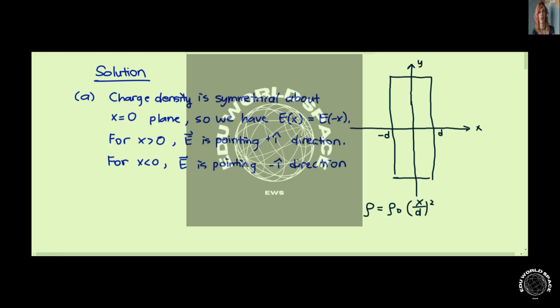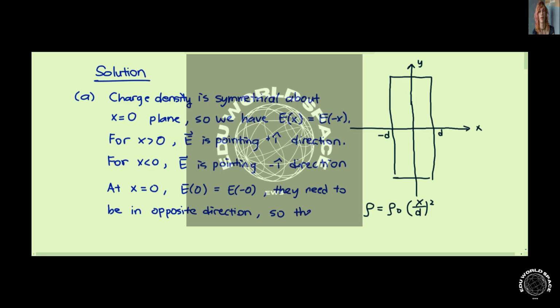So at x equals 0, we have E(0) equals E(minus 0), something like this, and at the same time they need to be in opposite directions.